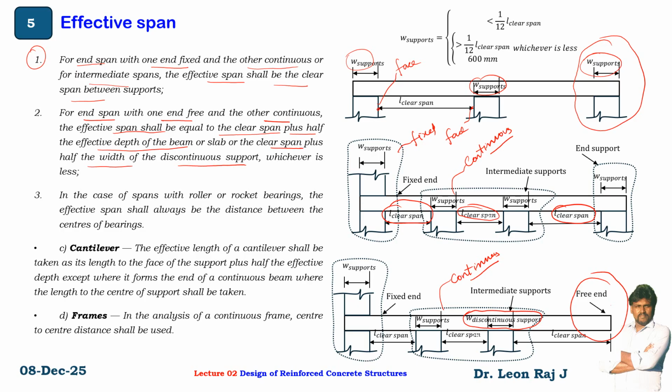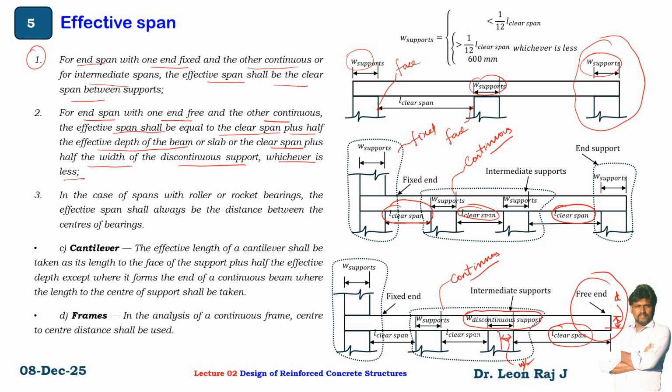So either the clear span plus half of the effective depth of the beam or slab, this is the effective depth and this is the clear span, or the clear span plus half of the width of the discontinuous support, whichever is less.